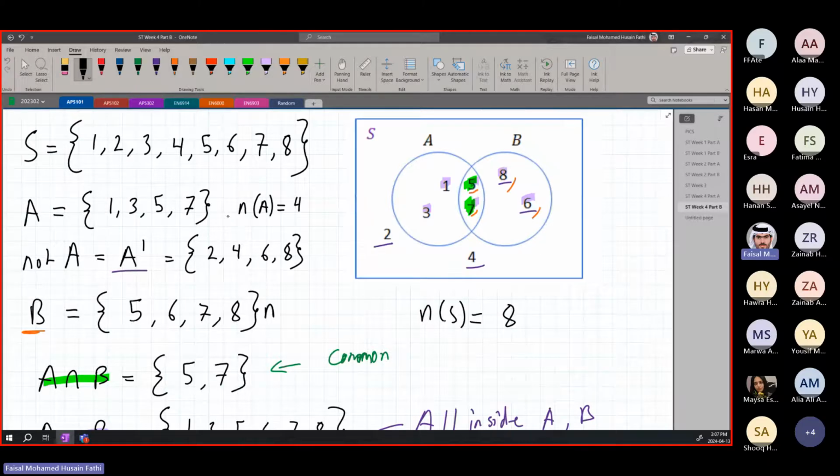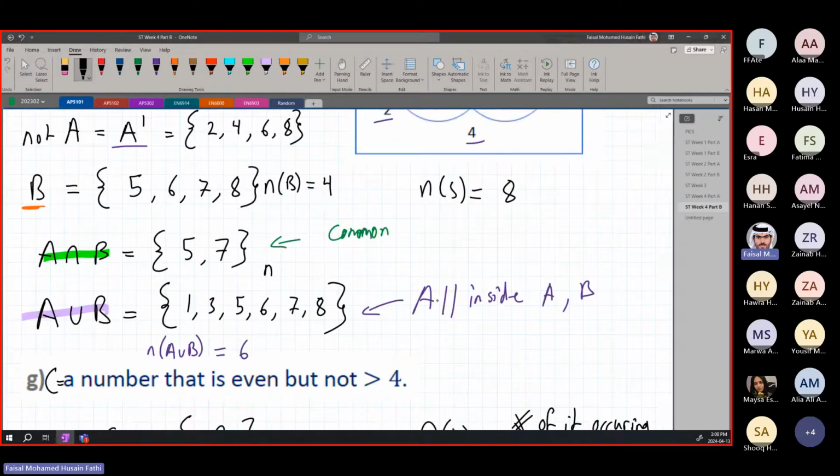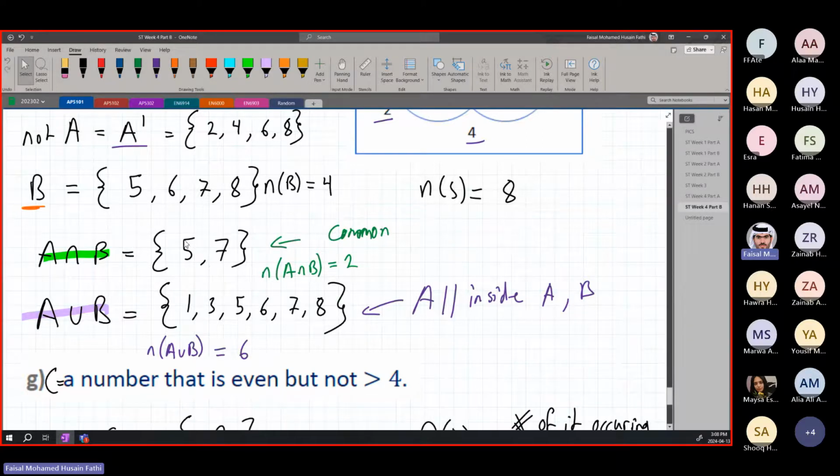N(B) is equal to 1, 2, 3, 4. And N(A intersection B) is 2. N(A intersection B) is equal to 2. We have two values here.